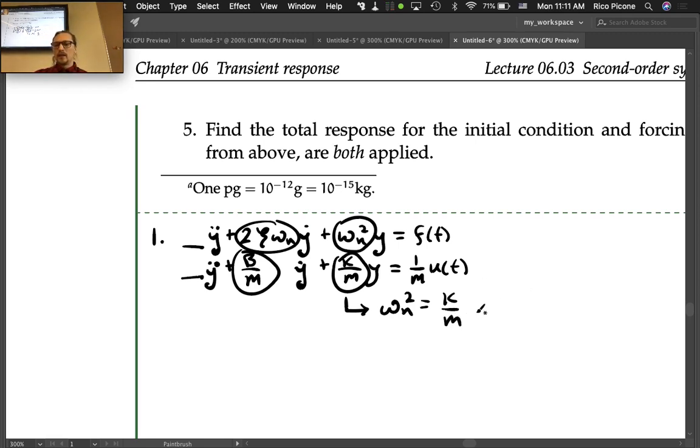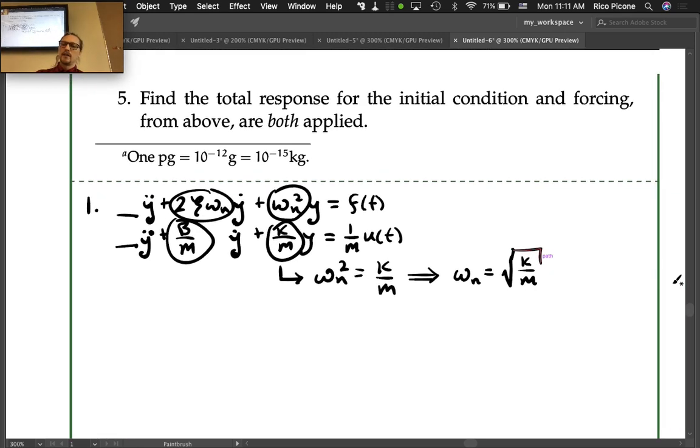And solving for omega n and taking only the positive side, because natural frequencies are taken to always be positive in our work, the natural frequency is the square root of k over m.